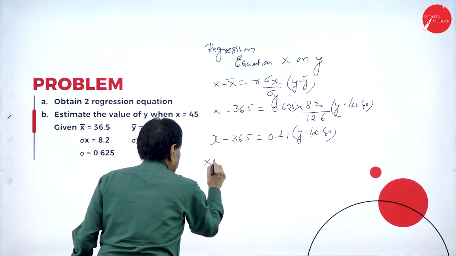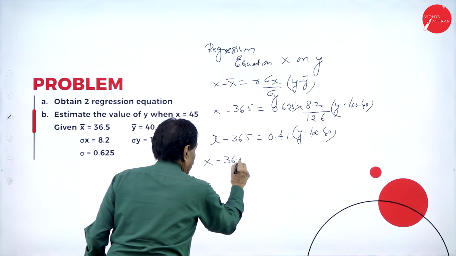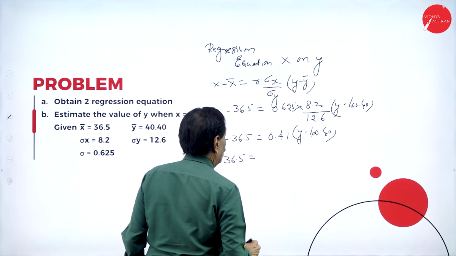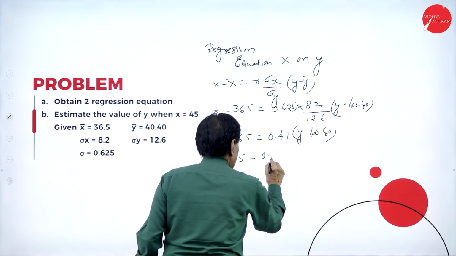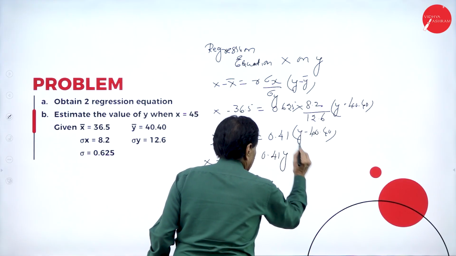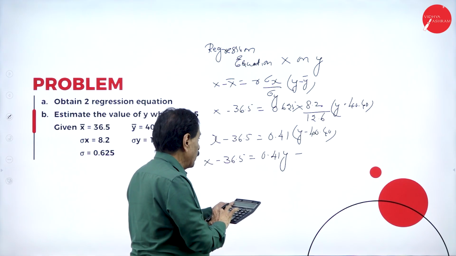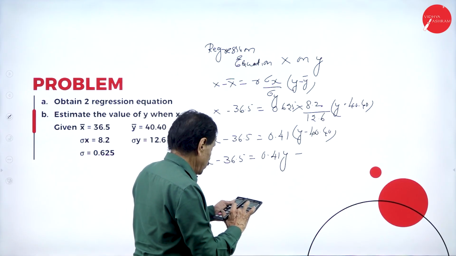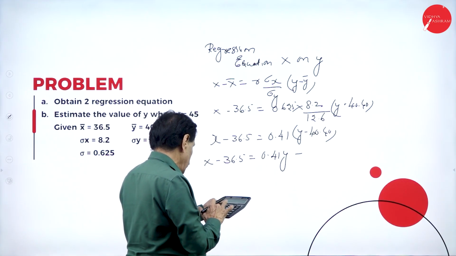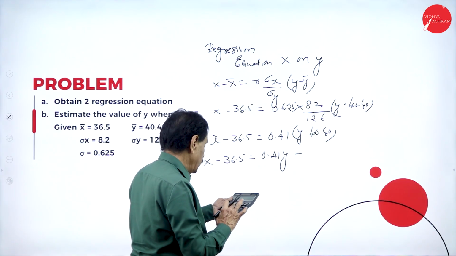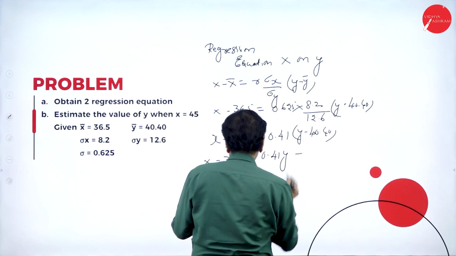Simplify. x minus 36.5 equals 0.41y minus 0.41 into 40.40. Plus into minus gives minus.